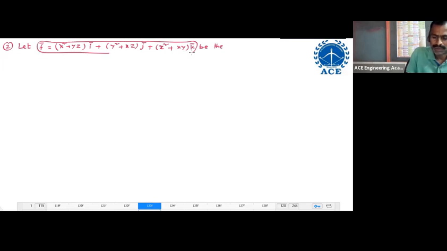Next, problem number 2. Let F bar equal to (x square plus yz) i bar plus (y square plus xz) j bar plus (z square plus xy) k bar be a differentiable vector point function.